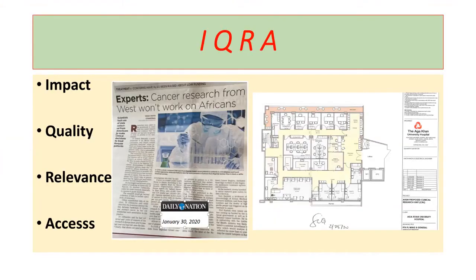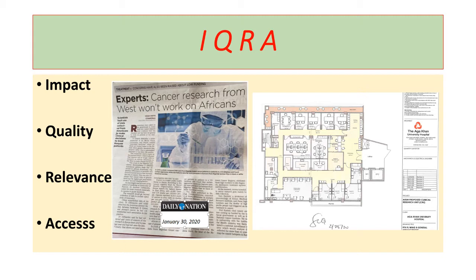Next slide. So we established a clinical research unit here at AKU in the past 1 year. Innocent is the navigator. He oversees many of the operational activities of the cancer center. On the right, you see the cancer center, our architectural diagram. And the reason why we did this is when I came here, there was this article, 30th of January 2020 in the Daily Nation.